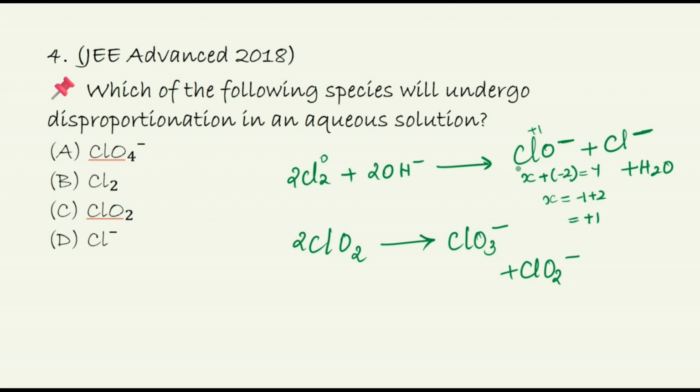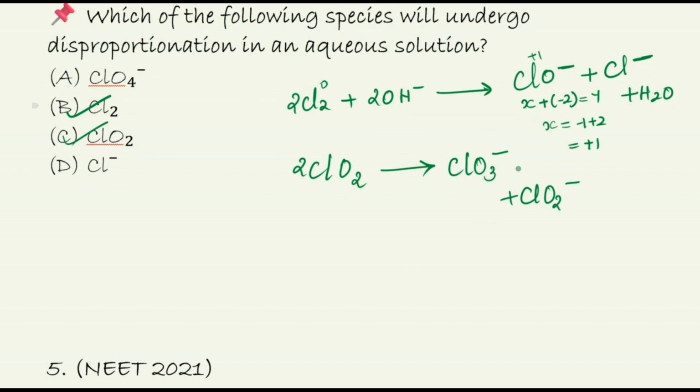Talking about ClO4 minus and Cl minus, these are already in maximum oxidation state, like for example ClO4, which is in maximum oxidation state, and Cl minus, it is in minimum oxidation state. So it will not undergo any disproportionation reaction. So answer to this question is that Cl2 and ClO2.